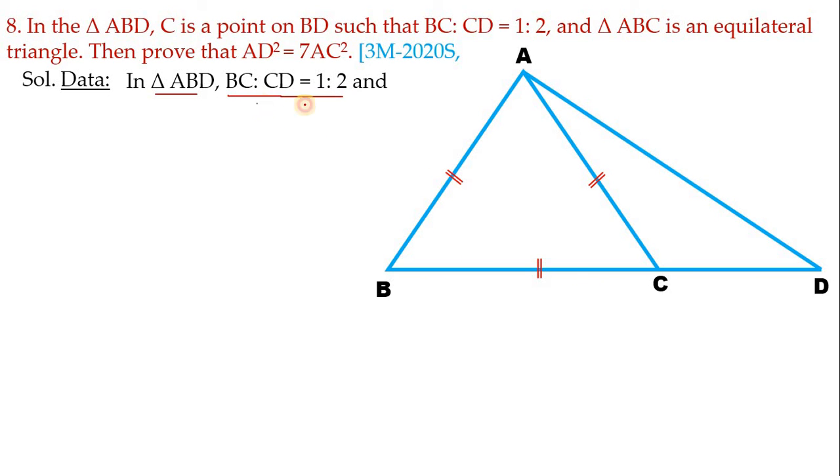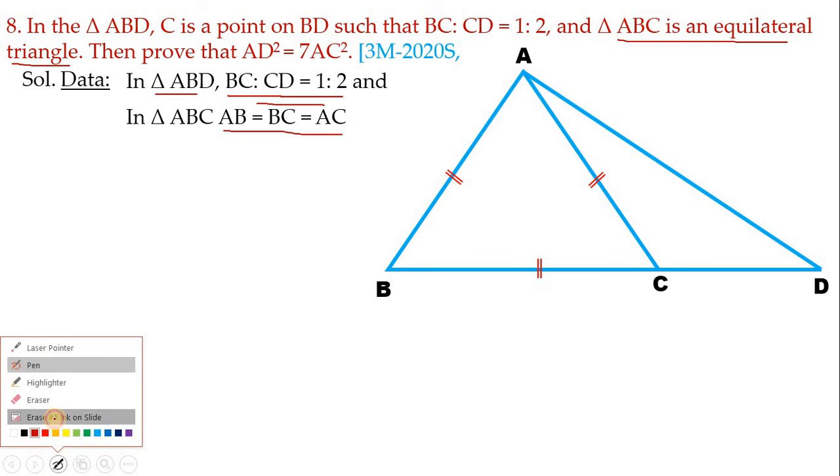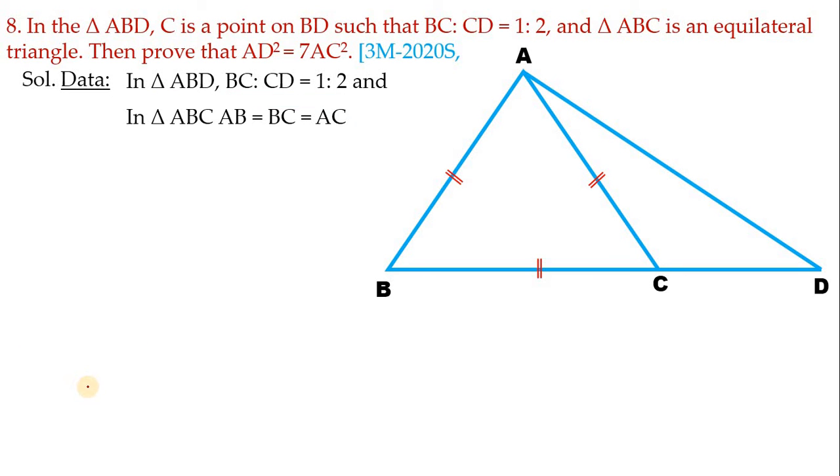This is what they have given already. And another thing also they said, ABC is an equilateral triangle. So equilateral triangle means all sides will be equal: AB equals BC equals AC. Next, to prove: AD square is equal to 7 times AC square.